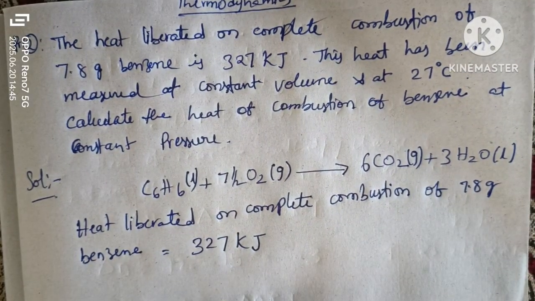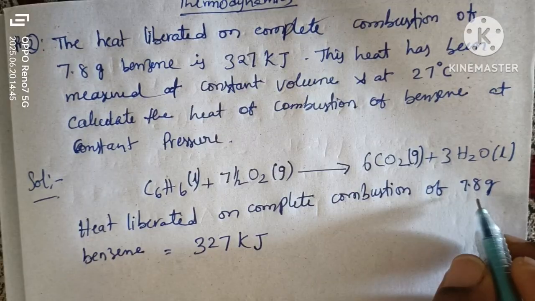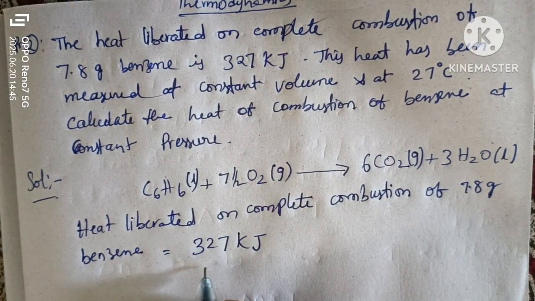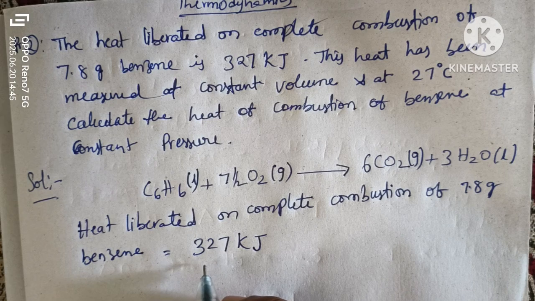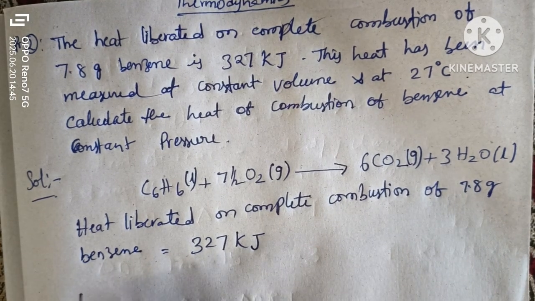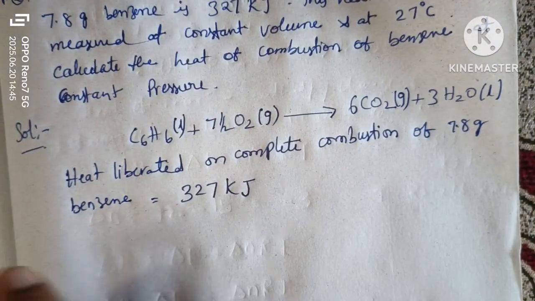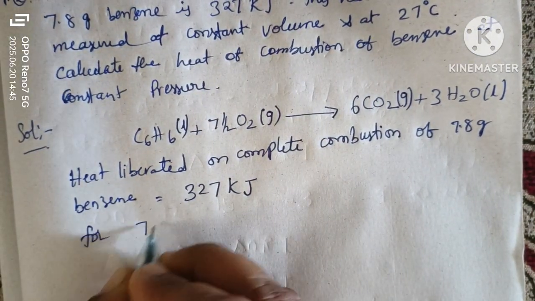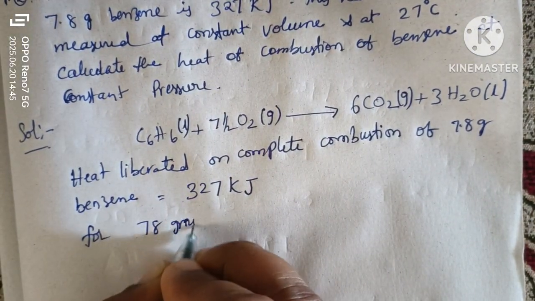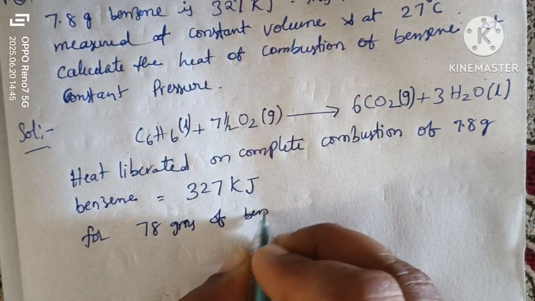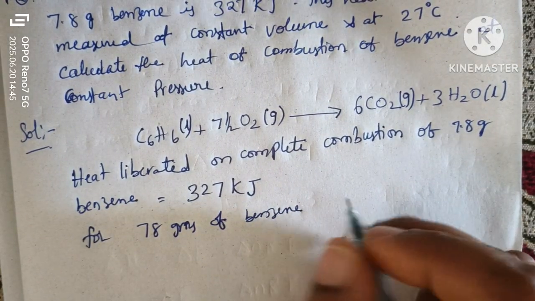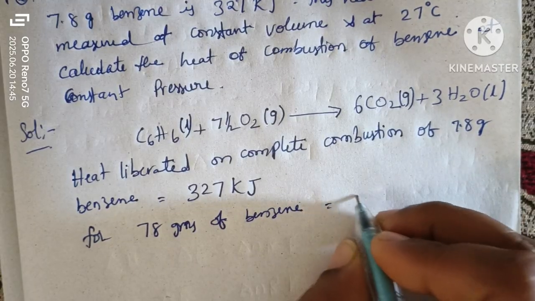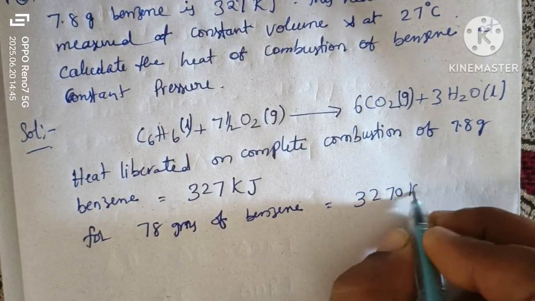Okay, so for 7.8 grams of benzene, the heat liberation should be 327 kilojoules. For 78 grams of benzene, that should be 3270 kilojoules.